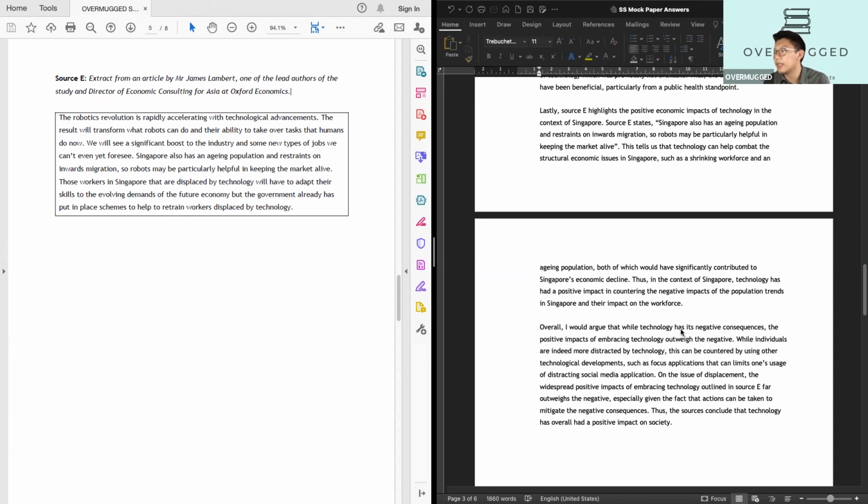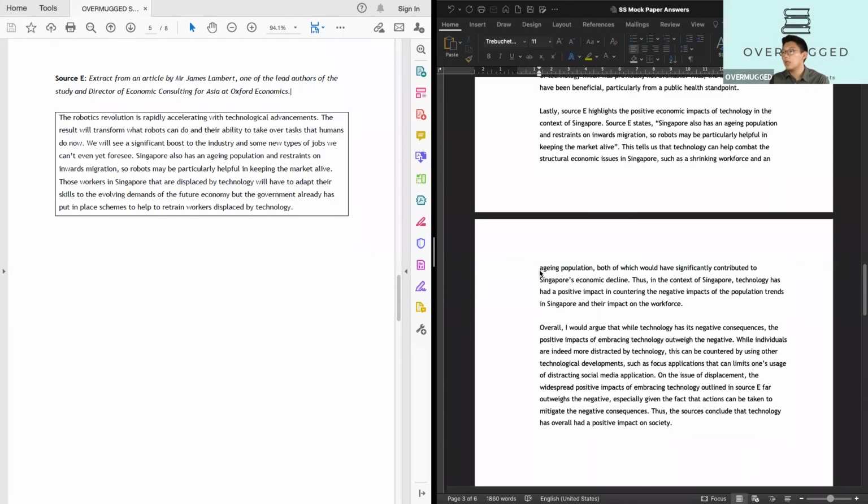On the issue of economic displacement, the widespread positive impacts of embracing technology outlined in source E far outweigh the negative, especially given the fact that actions can be taken to mitigate the consequences. Thus, the sources conclude that technology has had an overall positive impact on society.